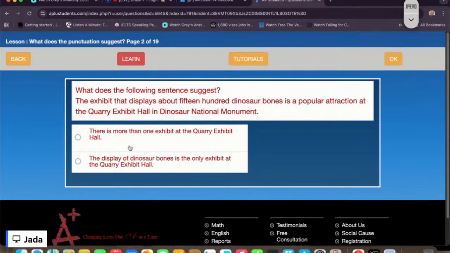First or second? So we have the first one.